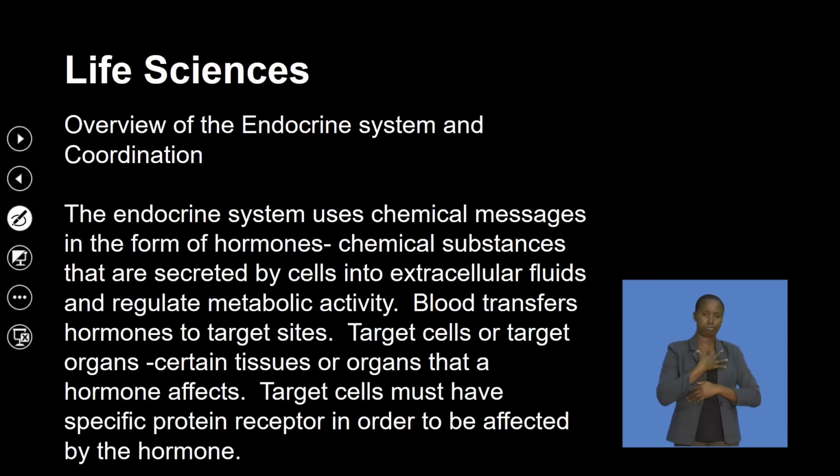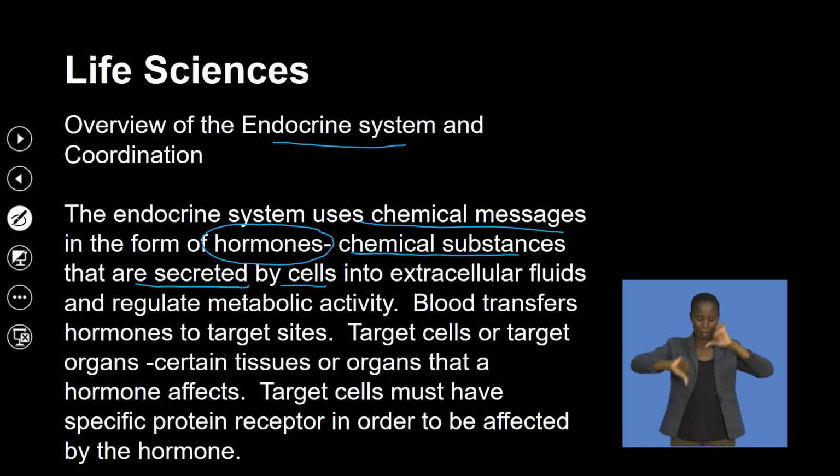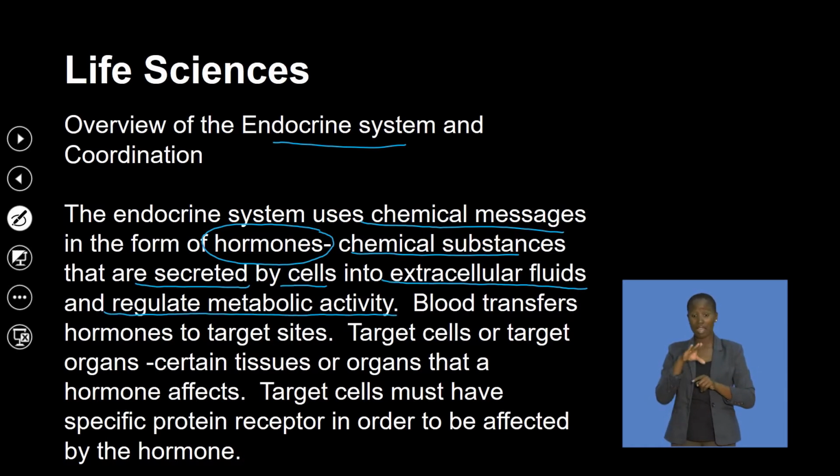Cool. So we continue looking at the overview of the endocrine system. As I mentioned, the endocrine system uses chemical messengers in the form of hormones. These are chemical substances that are secreted by cells into the extracellular fluids, that means outside the cells, and they regulate metabolic activity.